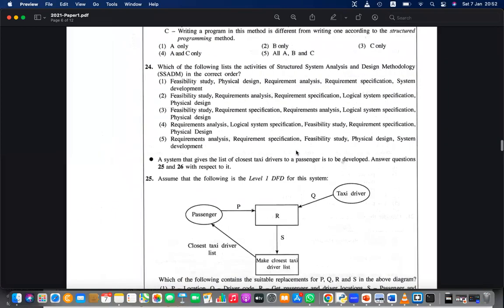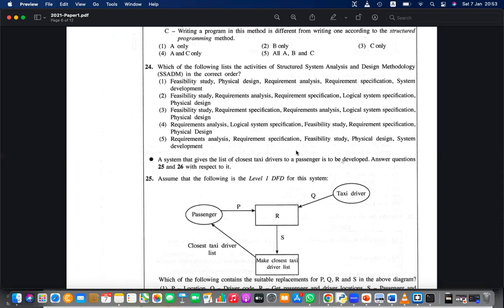Don't know why. Which of the following is the listed activity of structured system analysis and design methodology, SSADM, in the correct order? First, you have to start with the requirement analysis for sure. Then you have to do the requirement specification and analysis.